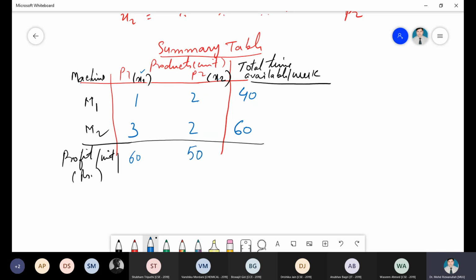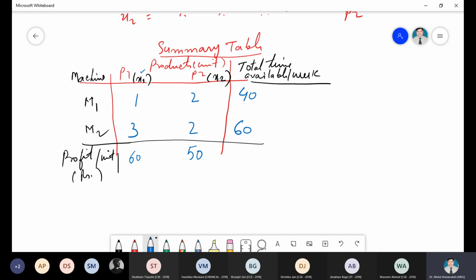as profit. Now see, the whole problem can be discussed using a simple table, the summary table. I am just narrating all this in the summary table. This will describe the whole problem. We have two products P1 and P2. I call them decision variables X1 and X2.